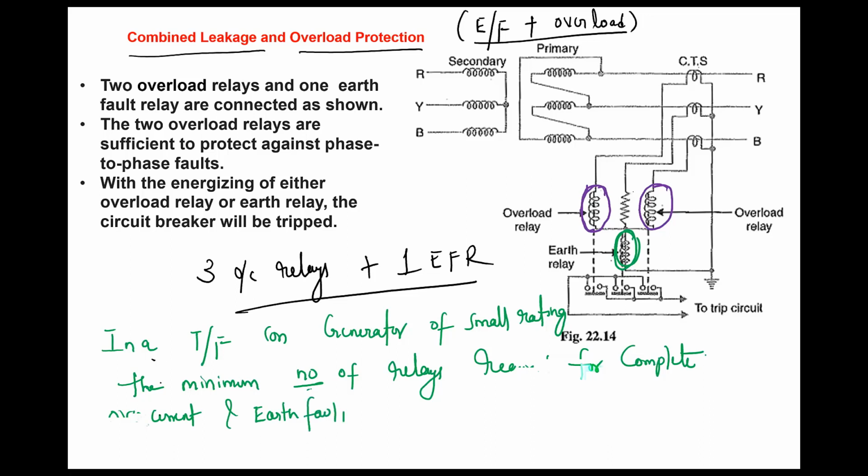See, overcurrent can be either overload or short circuit or both. Don't get confused. Short circuit protection is nothing but overcurrent protection. Short circuit or overload, both will contribute overcurrent.